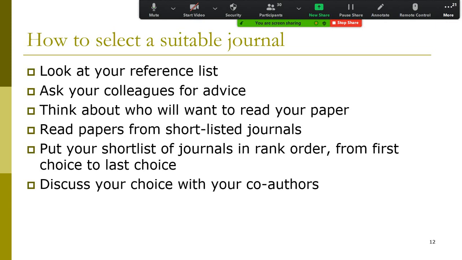So you can make a priority list for your publication, and at the last you can share your list of suitable journals with your co-authors, so they can help you in identifying the most suitable journal in which you first try to publish your article.